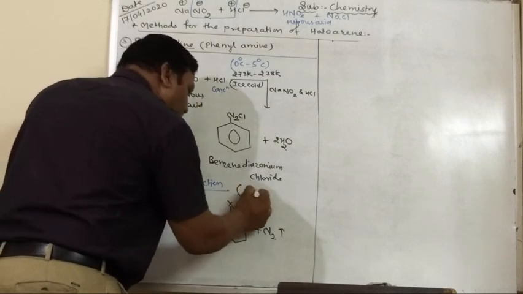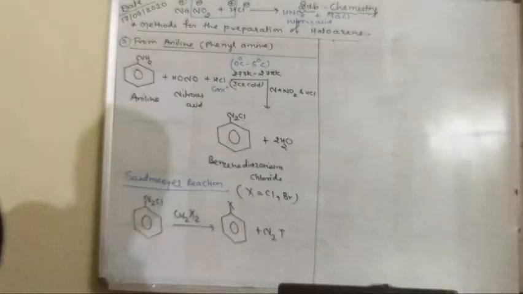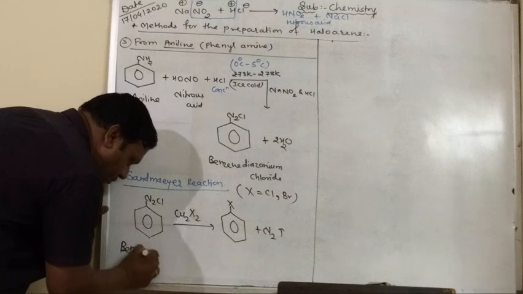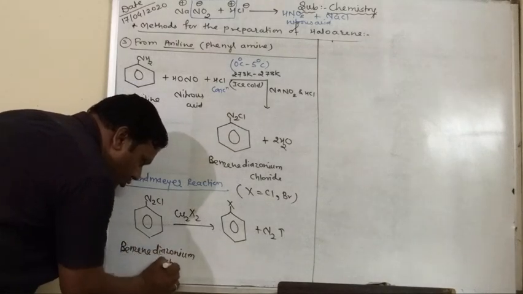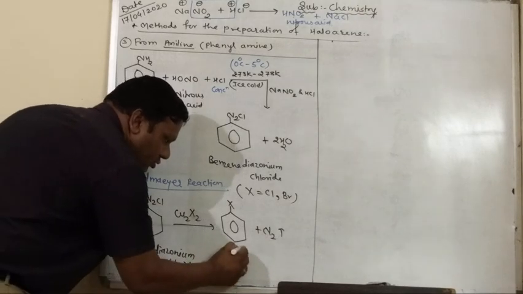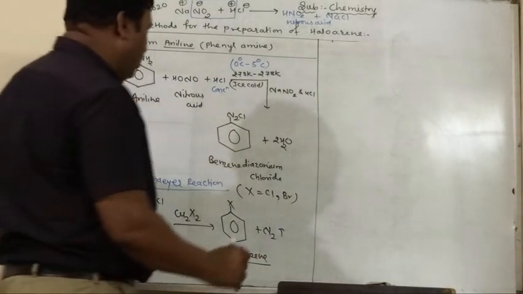Now these X will be considered as chlorine and bromine. So this is benzene diazonium chloride, this is halobenzene or haloarene.